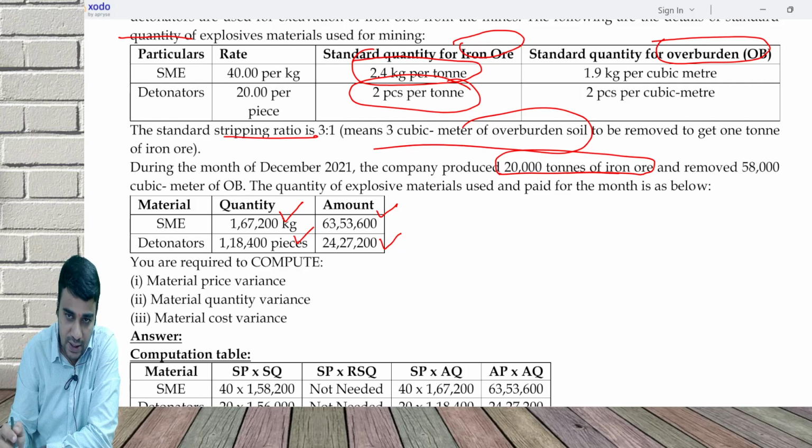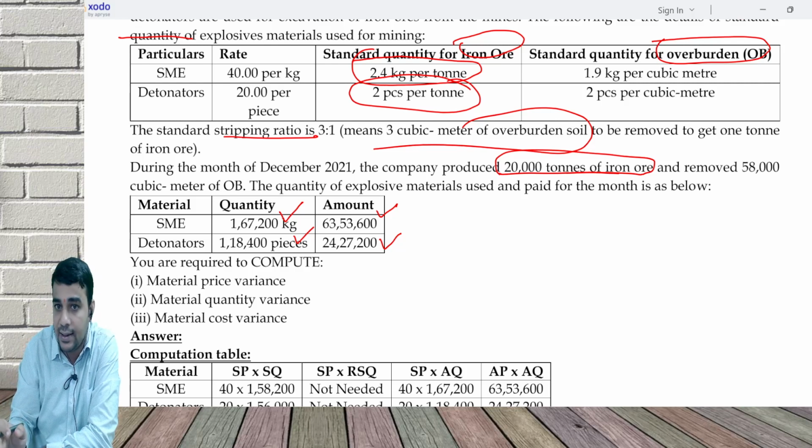So it's a two material problem. They have not asked for mix and yield. In my computation table, I will write SP into RSQ, but I will not be calculating it. I'll show the calculation in class for your understanding, but SP into RSQ is not needed to solve the question.